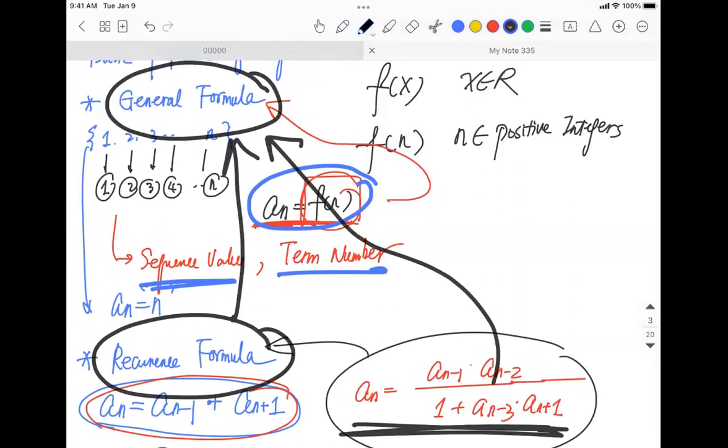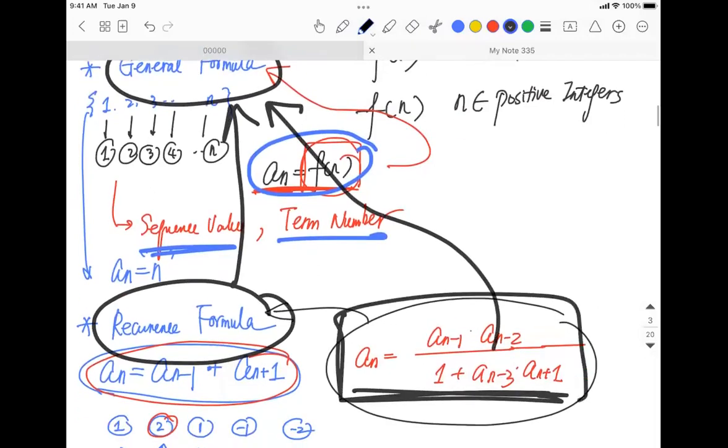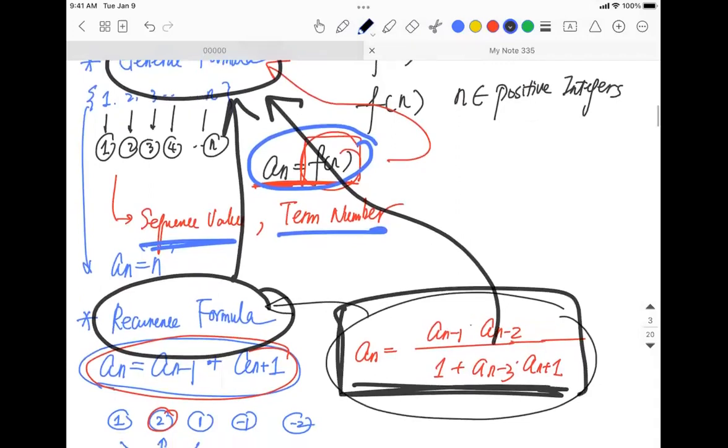Because once I have the general formula, I can directly jump to a_1000, or a_10,000. However, with the recurrence formula, you have to do it step by step, right? Sometimes if we can use the recurrence to determine the general formula, we will be able to expedite the calculation significantly. Okay, that's the general formula and the recurrence formula.